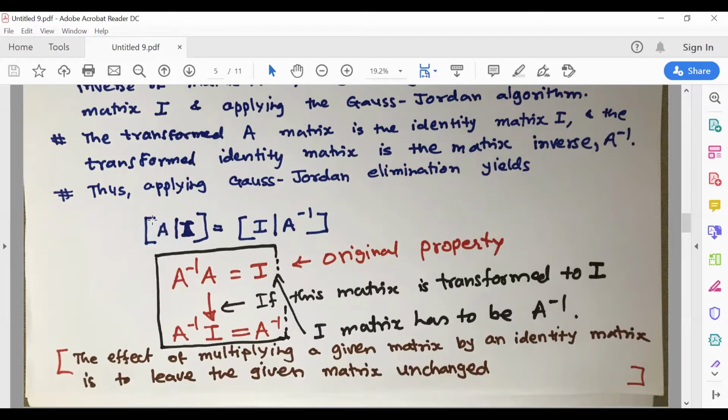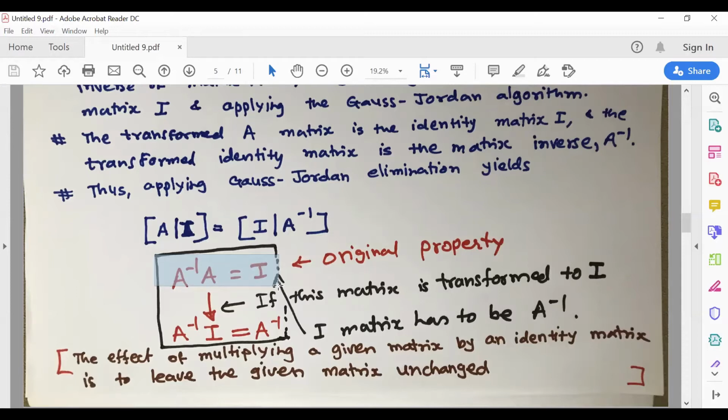If I augment the A matrix with the I matrix, the A matrix will become the I matrix, but the I matrix will become A inverse, and that is a fact. I would not say proof, but you can see here the formula A inverse A is equal to I. This is an original property of any matrix. If you multiply the A matrix with the inverse matrix, it gives you the identity matrix.